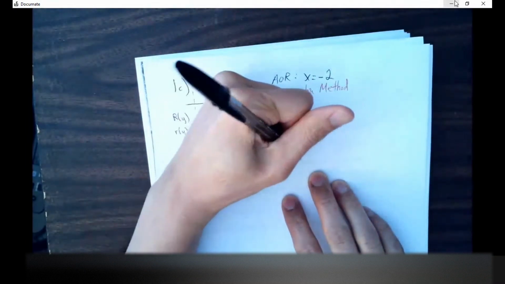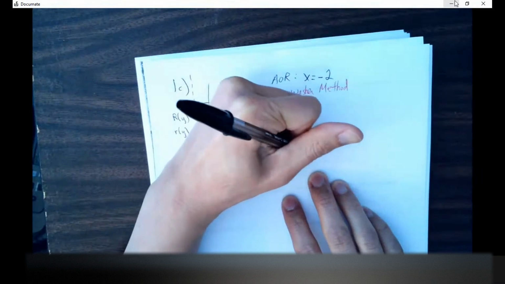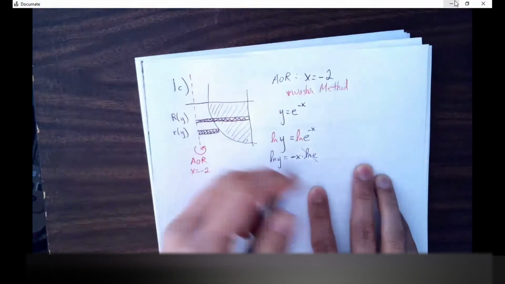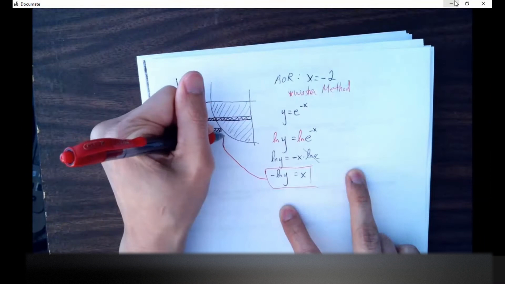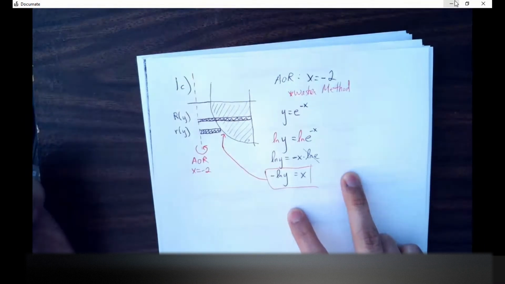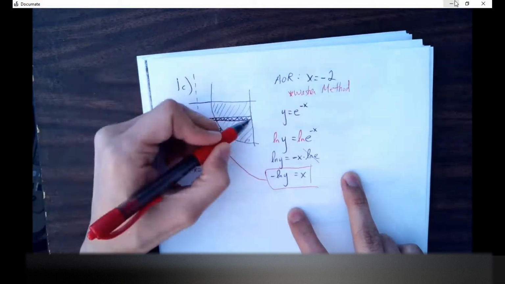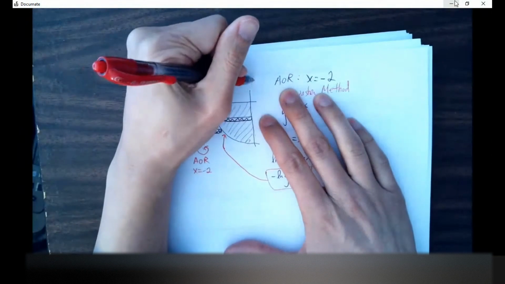We can push that down in front. Natural log of e just goes away. Divide both sides by -1, so x equals negative natural log of y. So we have an equation that is just right for that curve. x equals -2, that's involved here, and also x equals 2, right? That's the other boundary that we have.